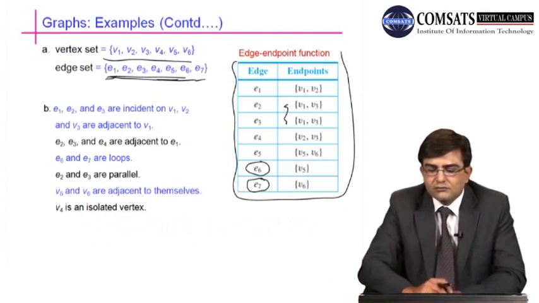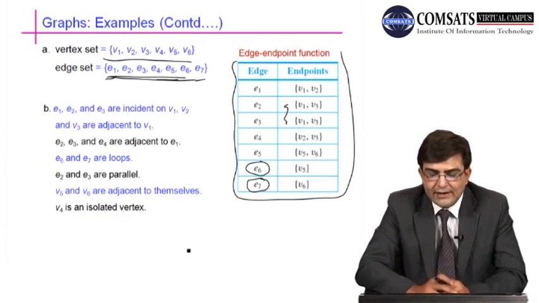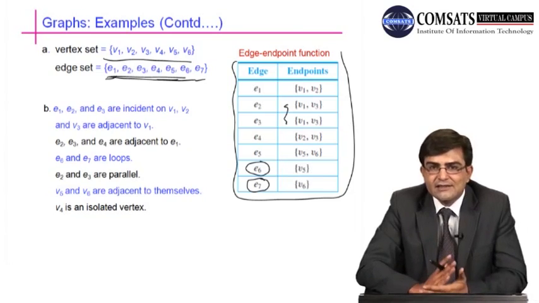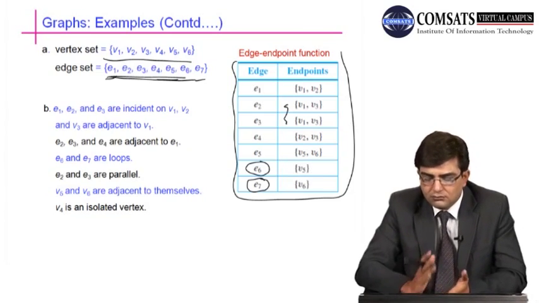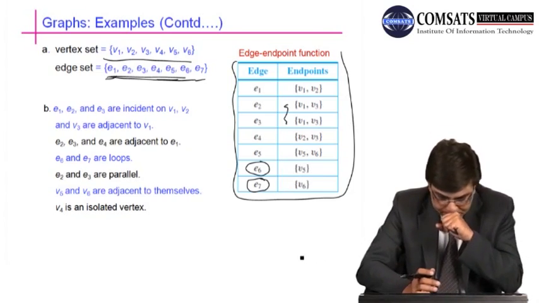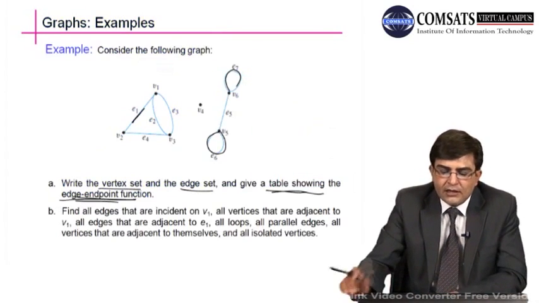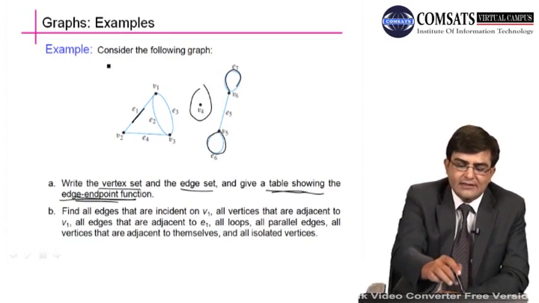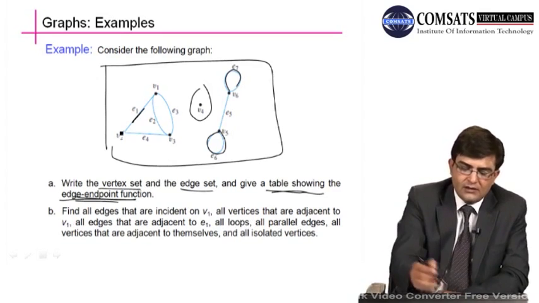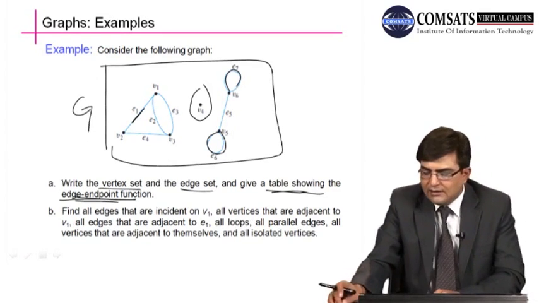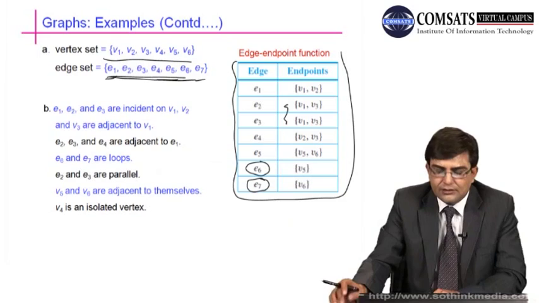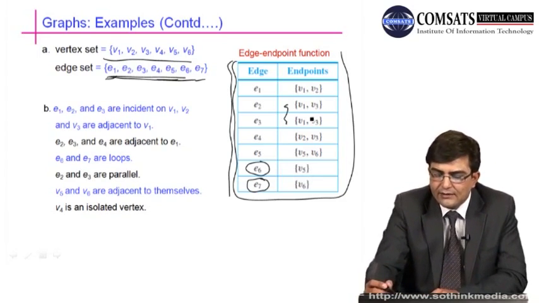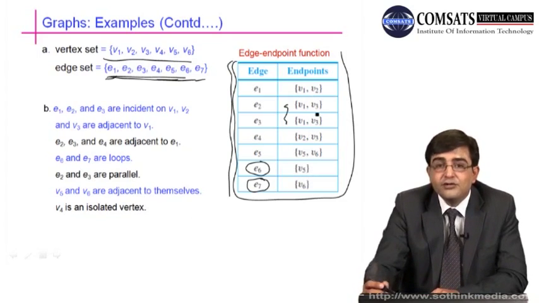Now this table, which is called edge endpoint function, gives us the information about the edges and their endpoint vertices. Here you can see that the vertex V4 is an isolated vertex in this graph G. The isolated vertices do not appear in this edge endpoint function, because you can see that nowhere here have we used V4.